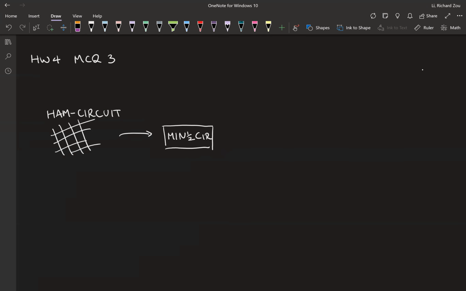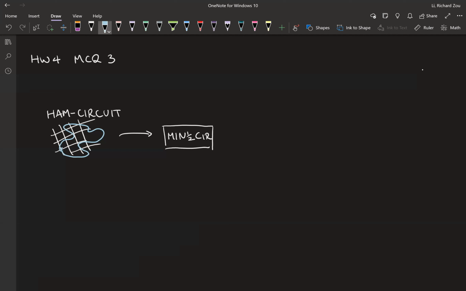Okay. So we're given some graph here, and the Hamiltonian circuit problem is asking if we can find some circuit that visits every single node, and this problem is asking if there is some circuit that visits half the nodes, the minimum length.